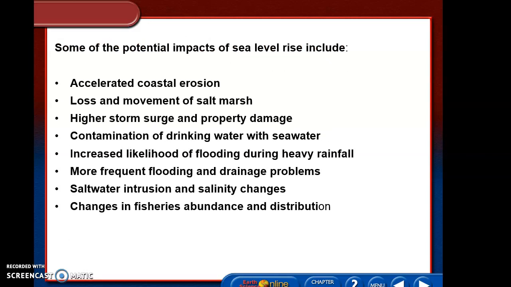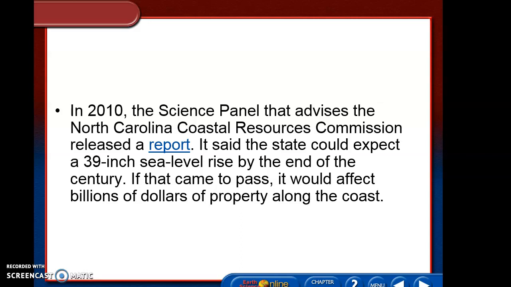More coastal erosion, more storm surge, more flooding during heavy rainfall, drainage problems, tons of issues over time. And this is an older number, but the amount is staying within around a couple inches of this. They think that the state could expect around a 39-inch sea level rise by the end of the century.